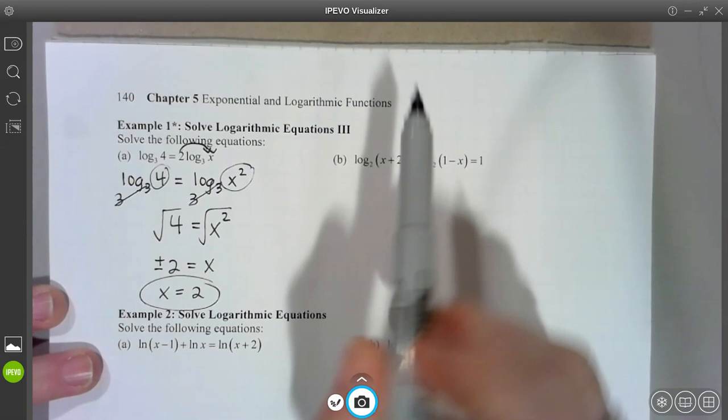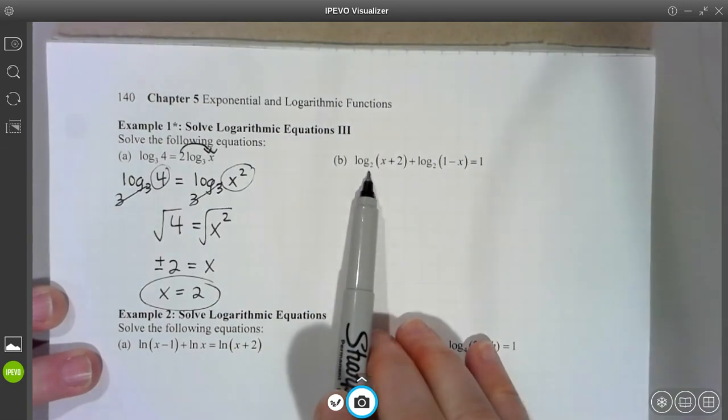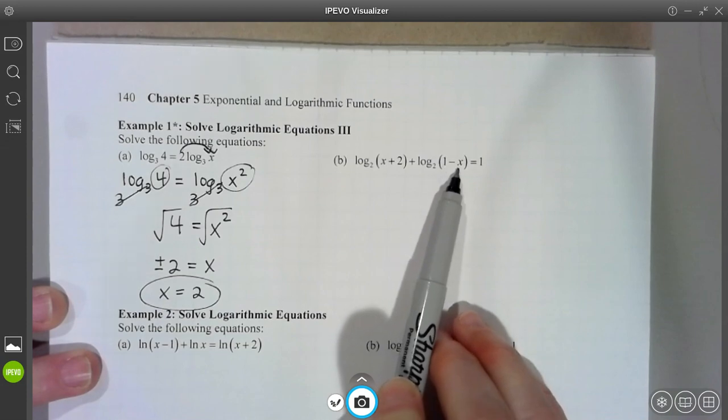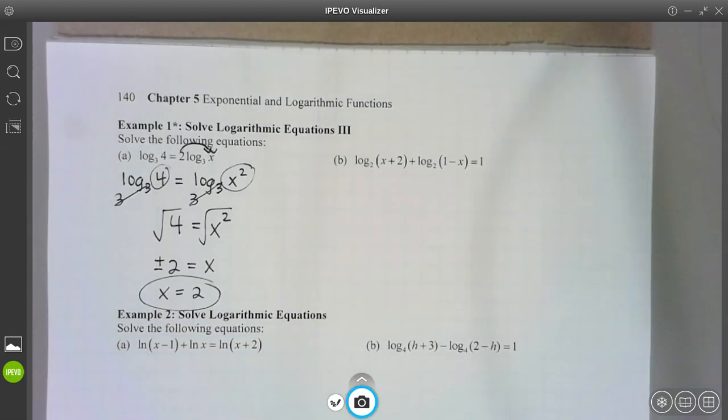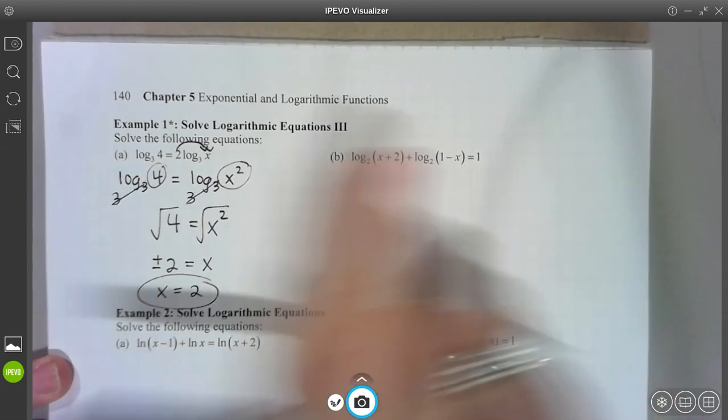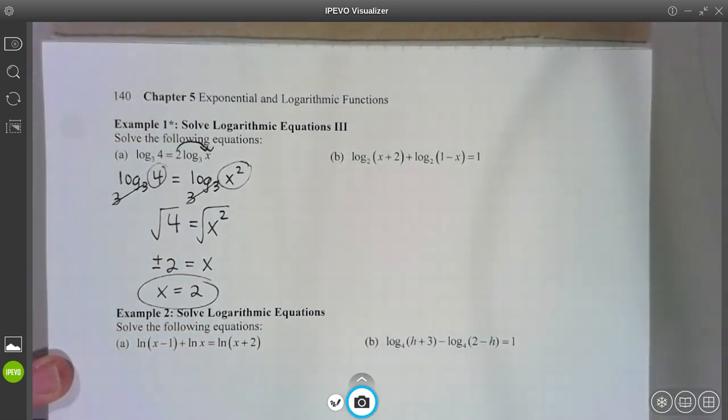So in part B, it looks like I have log base 2 of x plus 2 plus log base 2 of 1 minus x equals 1. So it's kind of leaning towards a logarithm equaling a number. However, I want one log to be involved in this equation. I don't want multiple logs.